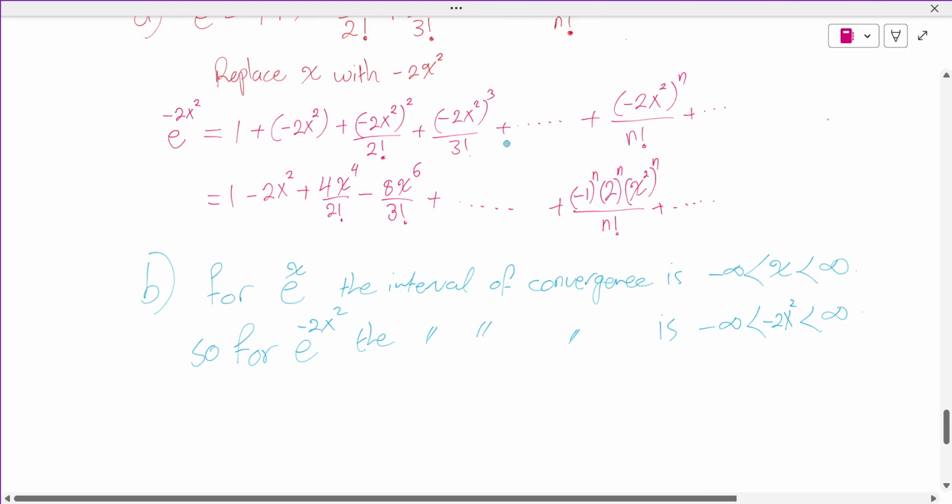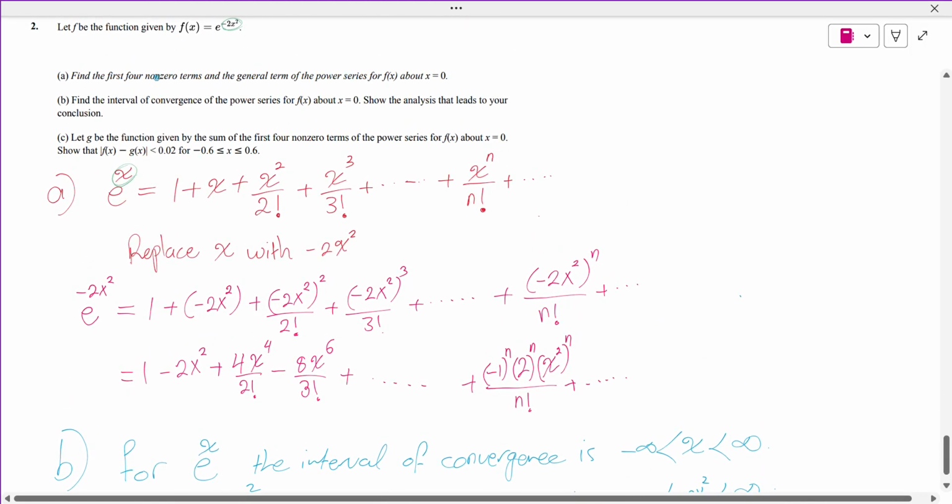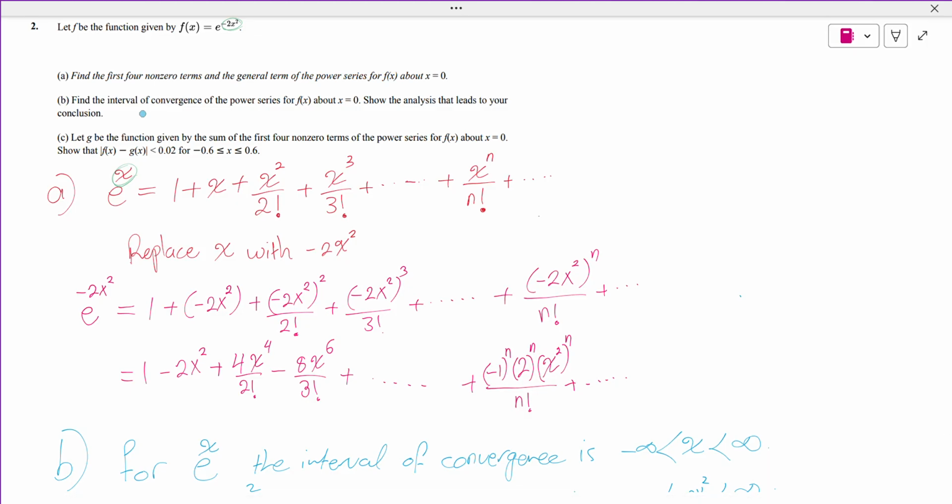What about part C? Let g be the function given by the sum of the first 4 non-zero terms of the power series for f about x equals 0.